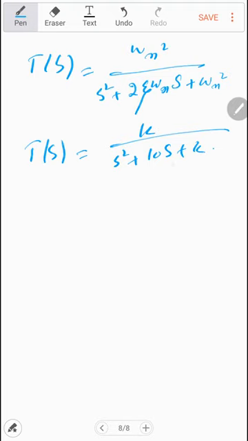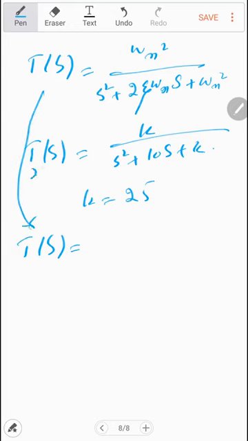Let's say that k is equal to 25. So when k is equal to 25, this is t2 and this is t1. So we say that k is equal to 25, which is actually 5 square.